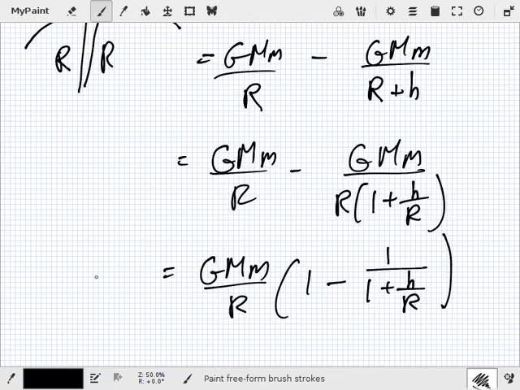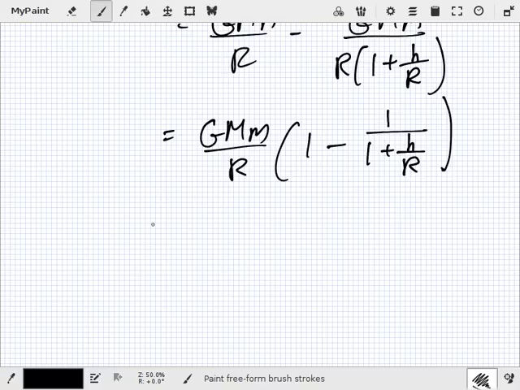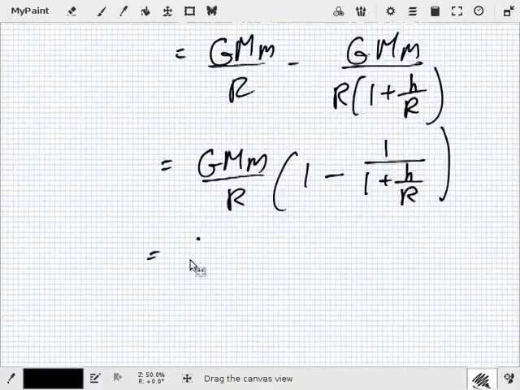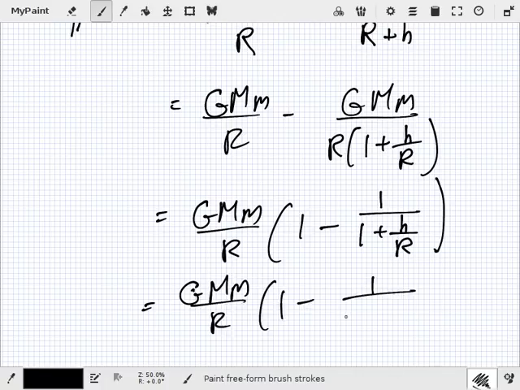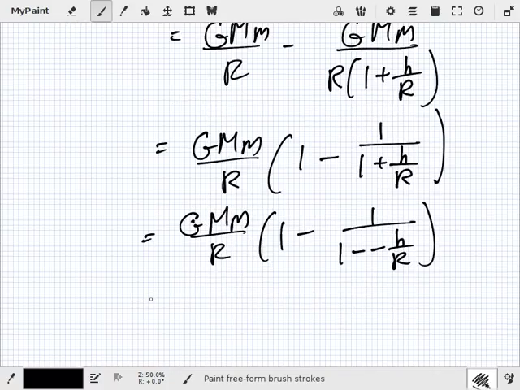Okay, continue. This equals GMm over R times (1 minus 1 over (1 minus minus H over R)). You're thinking, where is he going with this? I just changed the plus to minus minus. Oh, I get it.